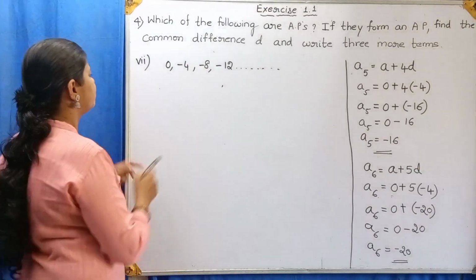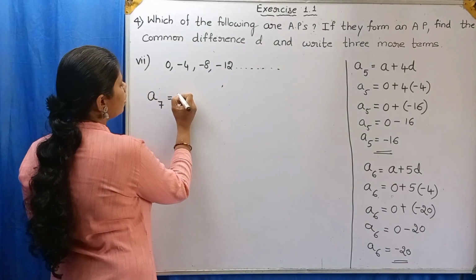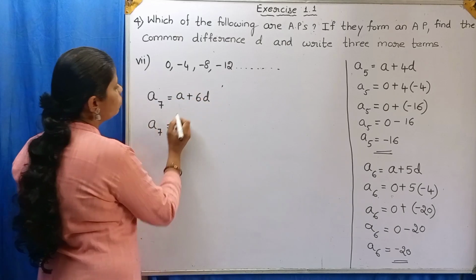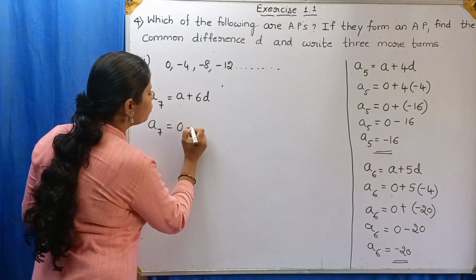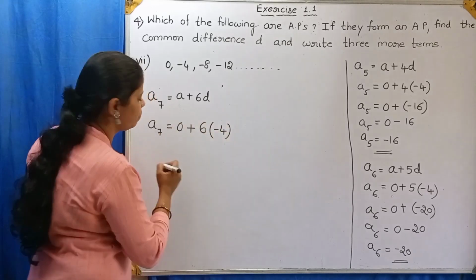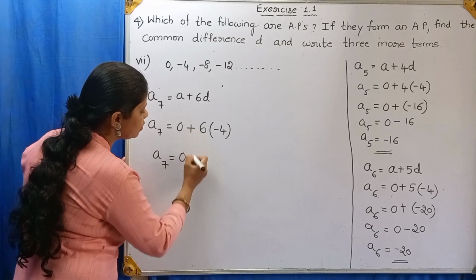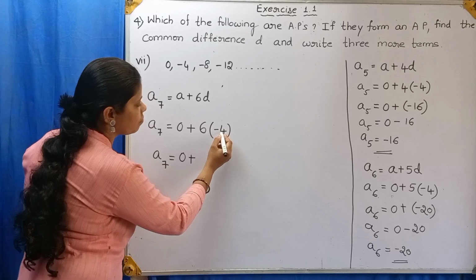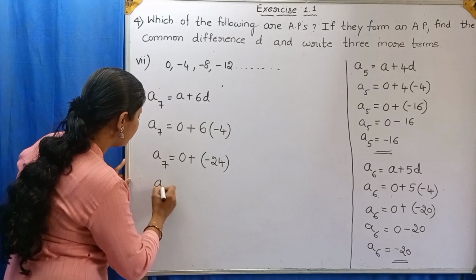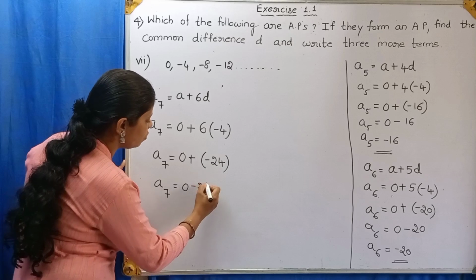Okay. Let me rub this. Now A7. A7 is equal to A plus 6D. A7 is equal to A is 0, 0 plus 6 into D. D is minus 4. Okay. Then A7 is equal to 0 plus 6 4s are 24. That is minus 24. Then A7 is equal to 0 plus into minus is minus 24.